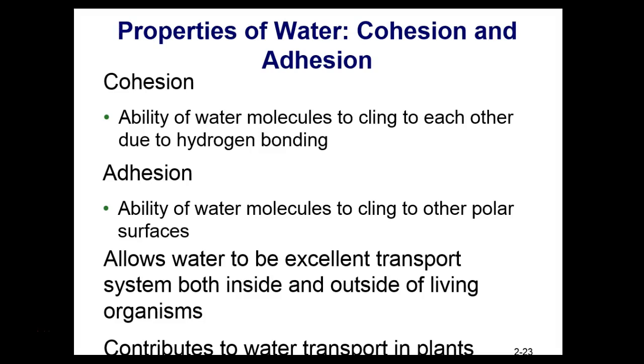Okay, cohesion and adhesion. Cohesion, ability of water molecules to cling to each other due to hydrogen bonding. Now, adhesion, ability of water molecules to cling to other polar surfaces. So you have adhesion and cohesion; they can cling to each other. So if you look at the blood vessel that's coming out of the guy's bicep muscles or his arm on page 30 of your textbook, figure 2.10, you can see that water that he's consuming is going to flow through his blood vessels.